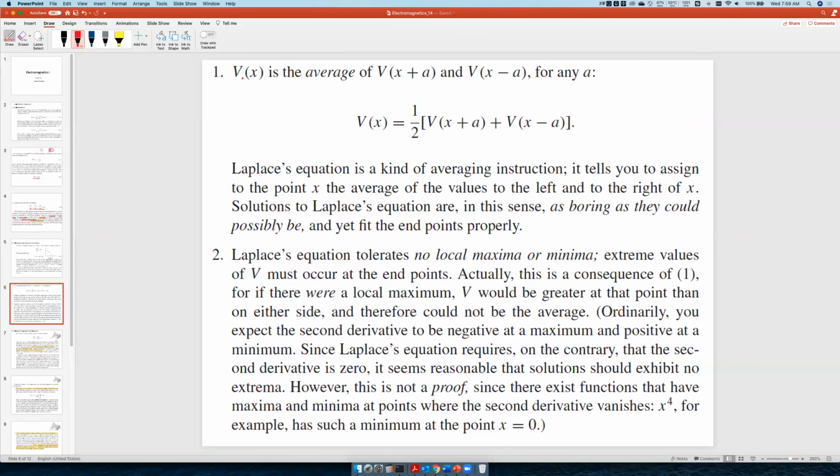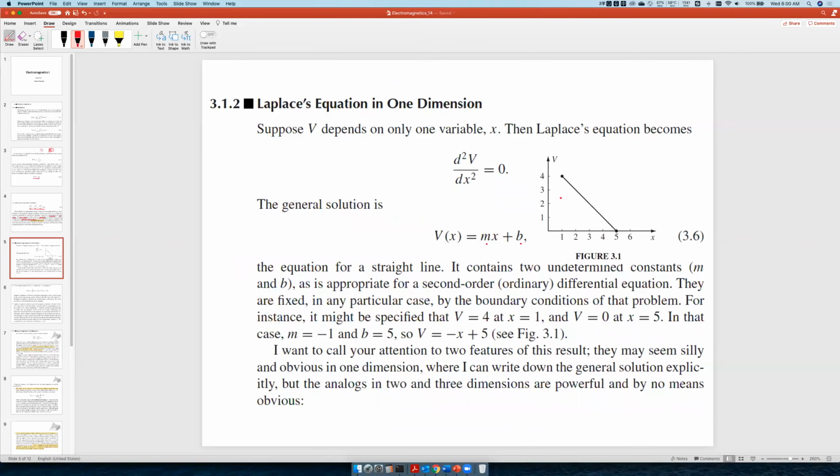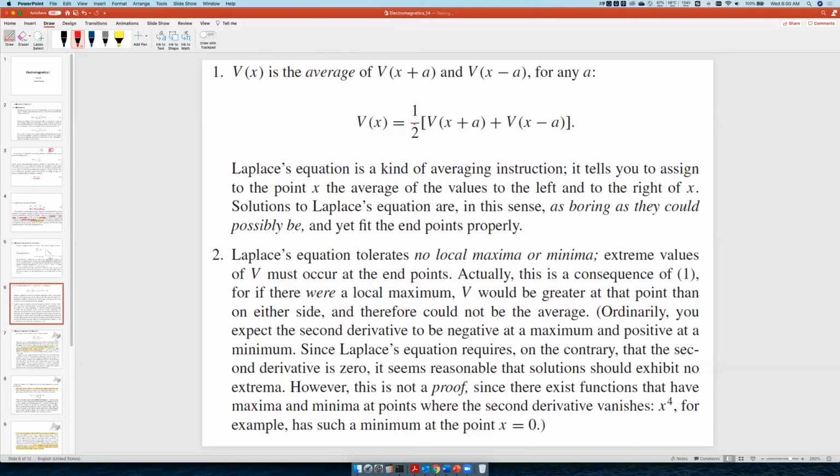The value of V at any point x is the average of V(x plus a) and V(x minus a). It means if you choose any point here, which is V(x), and you get another value, V(x minus a), and then V(x plus a), then the average of those two values should be this one. On a straight line, it's easily understandable.